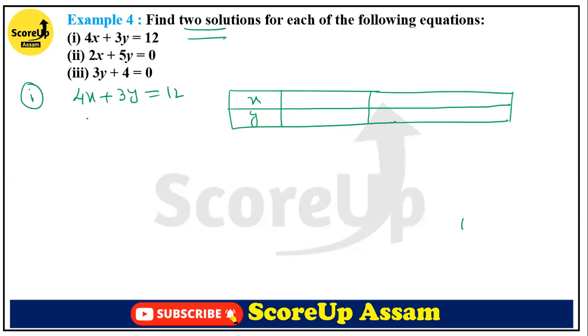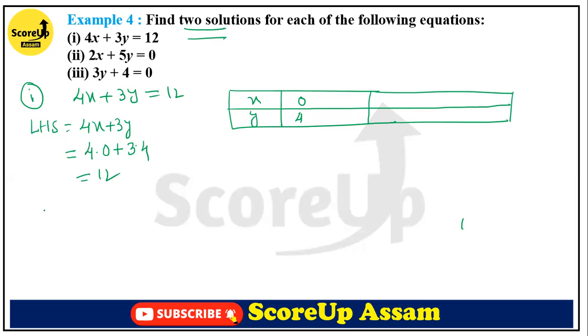So now, when x is 0, we put it in the left hand side. If we put x as 0, and 4y will be 4 times 3, that means we will get 12, right? So ultimately we are getting 12. This is one solution.